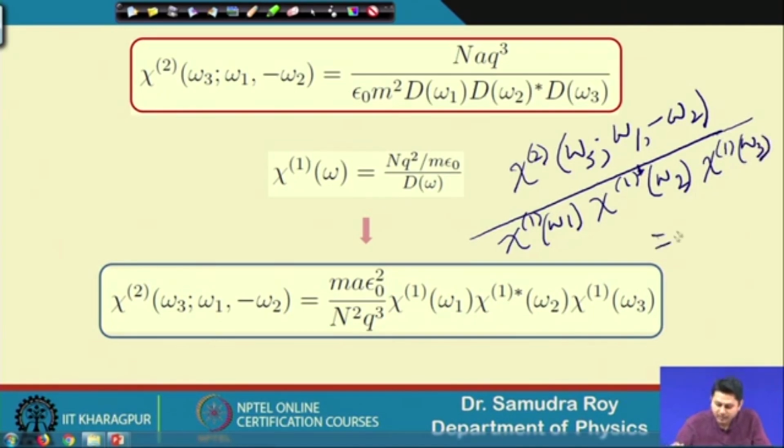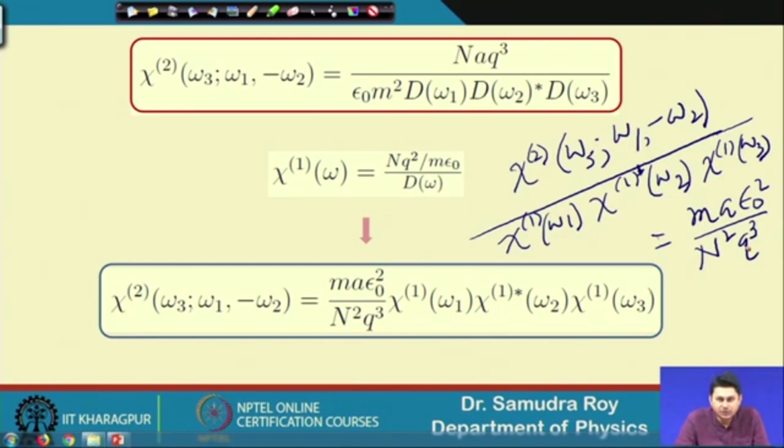This ratio is m a epsilon 0 square, then n square q cube.